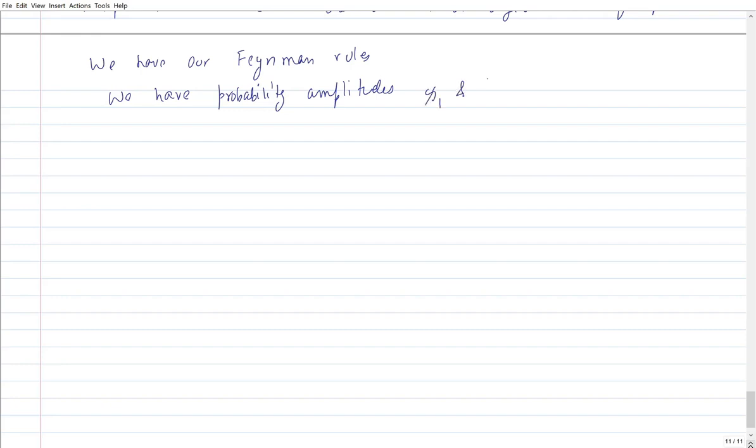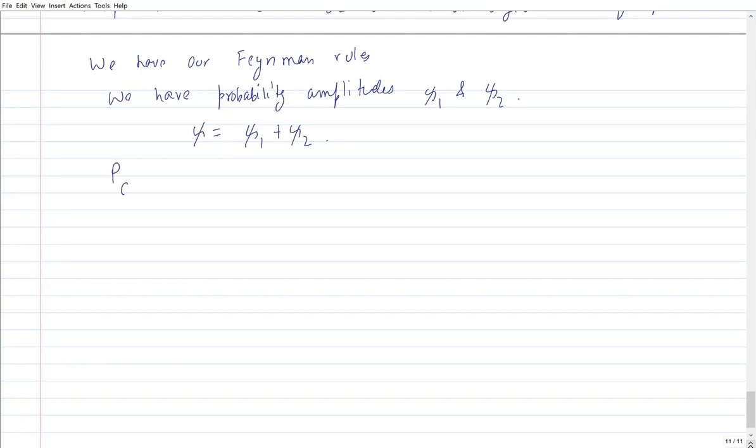So for that we have our Feynman rules. We have probability amplitudes, psi1 and psi2. We add up the probability amplitudes, not the probabilities.